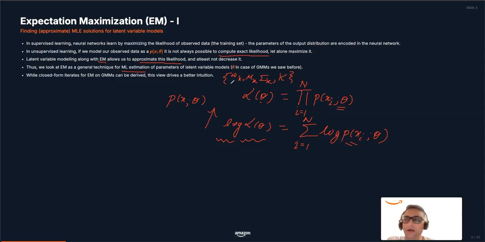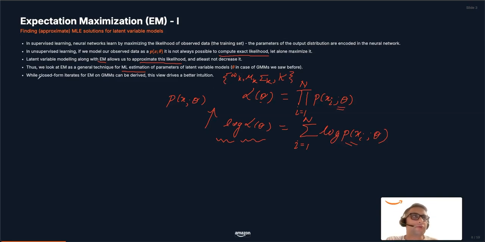Whatever is being done in EM is not just mathematical trickery, where you may have been told that we want to convert log of sums to sum of logs. That naturally happens, but there is also something more that gives a better intuition.